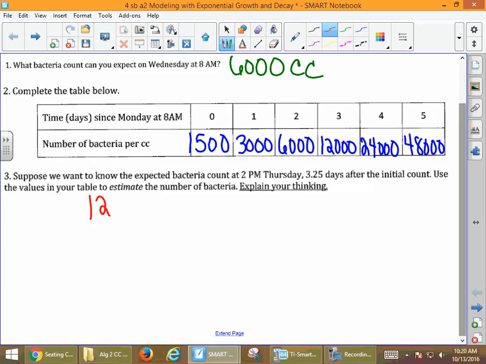He said, take the bacteria at 3 days. Looking at our chart, this is 12,000. And then he says, take a quarter of that. Well, a quarter of that is the 0.25.